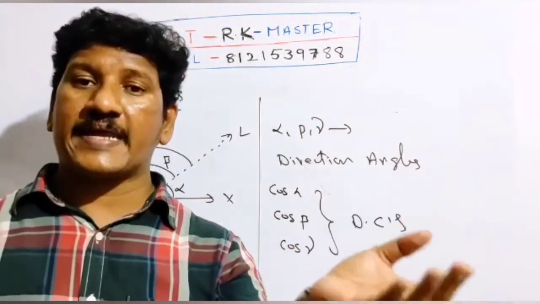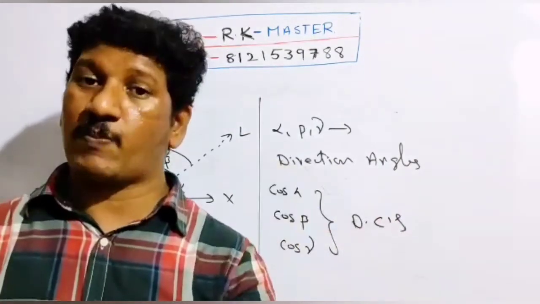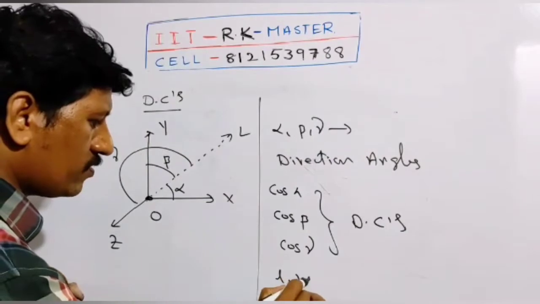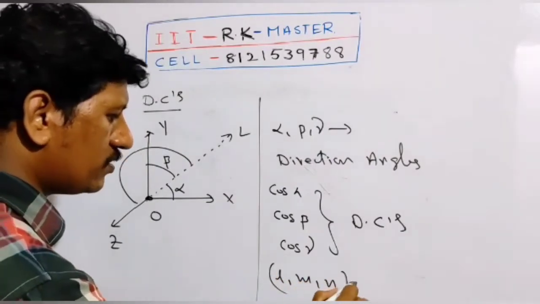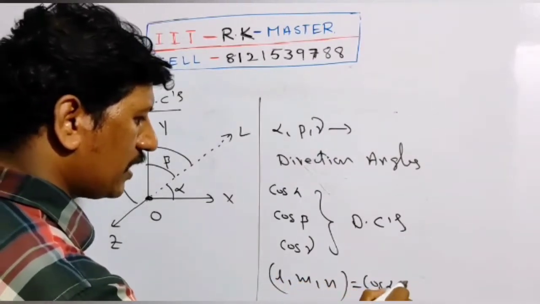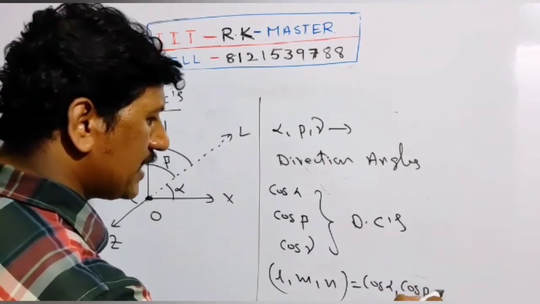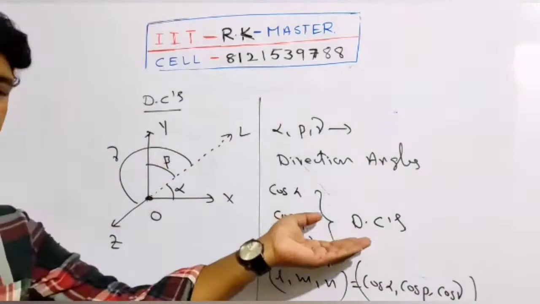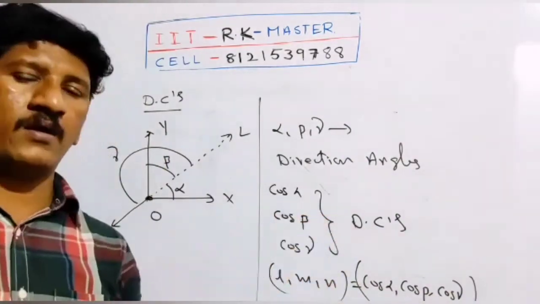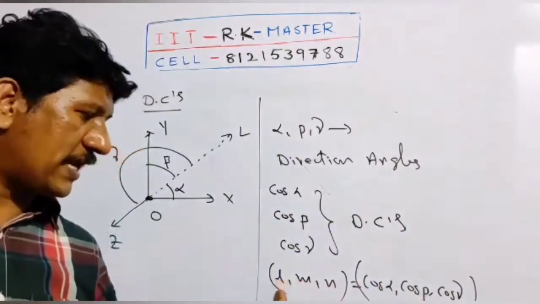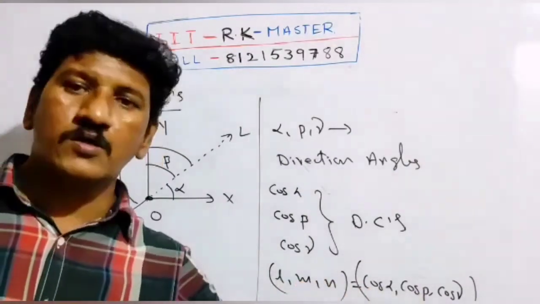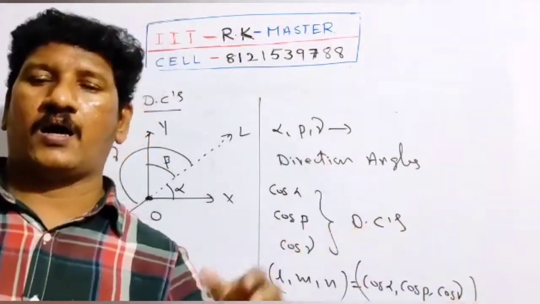Generally, direction cosines are represented by l, m, n. So l is equal to cos alpha, m is equal to cos beta and n is equal to cos gamma.